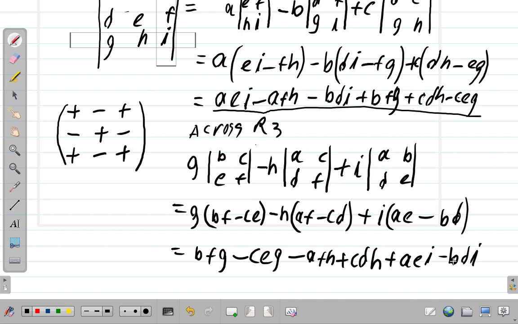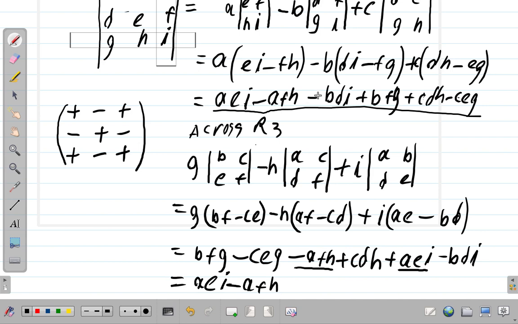All right, let's see what we have up here. Let's rewrite it. AEI. Oh, I see the AEI. So I have AEI. Wrote this down already. And there's a negative AFH up here. Is there a negative AFH? I see, minus AFH here.